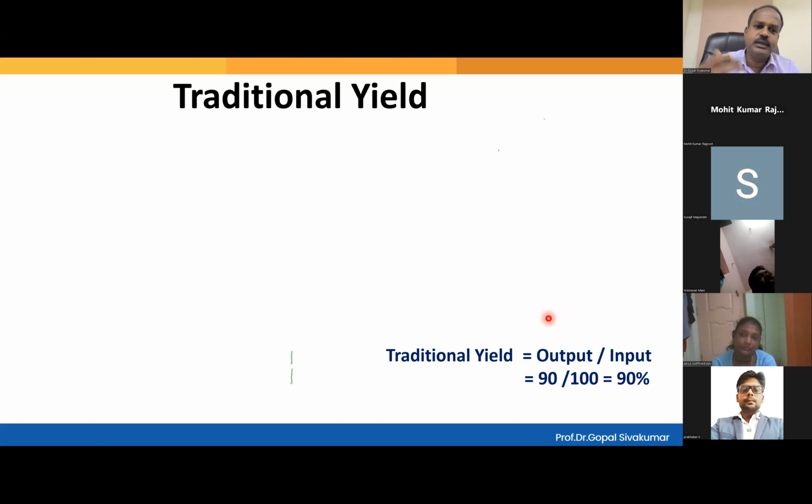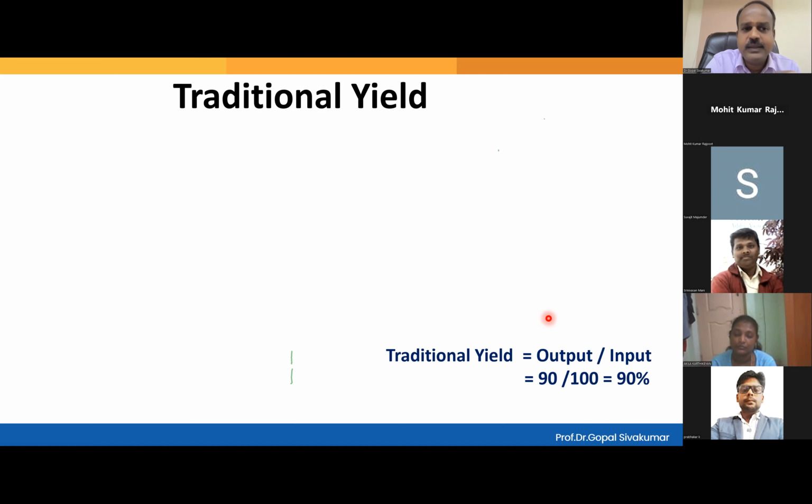Similarly, imagine you are doing a transaction using the payment portal, let's say Google Pay or PhonePe. Now 100 transactions you are doing. Out of 100 transactions, 90 transactions are successful, but in 10 transactions the payment doesn't happen. Now 10 transactions are failures.